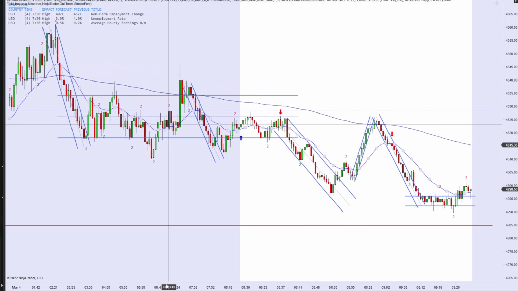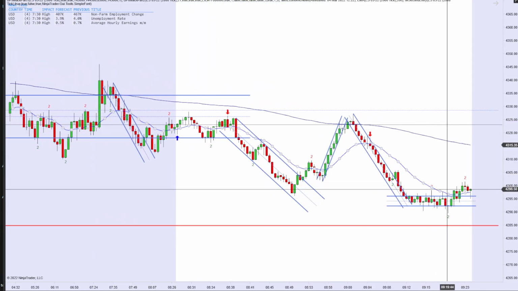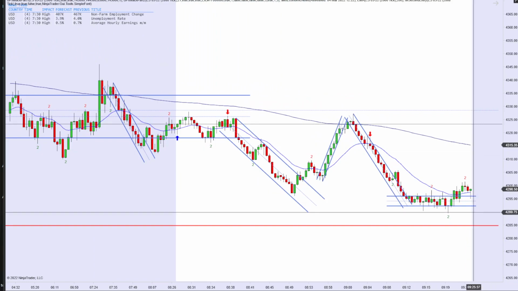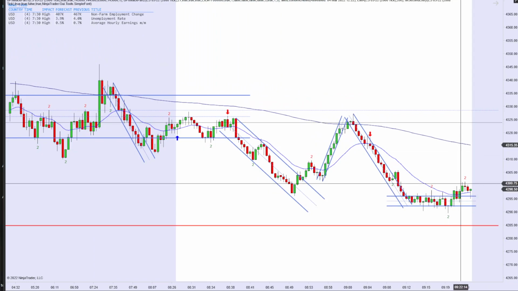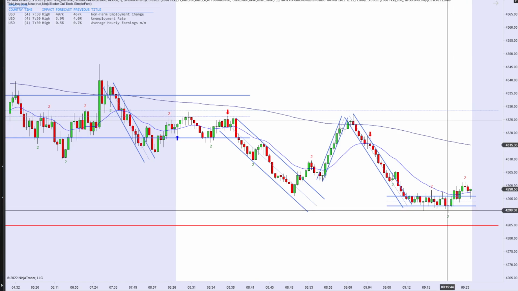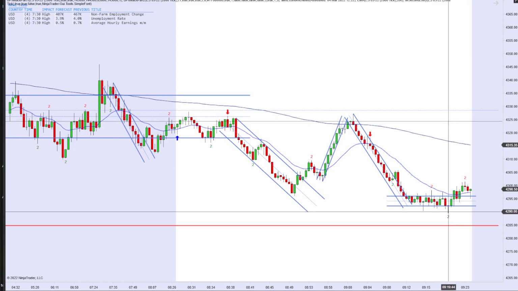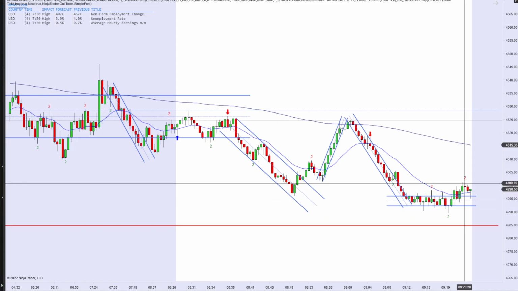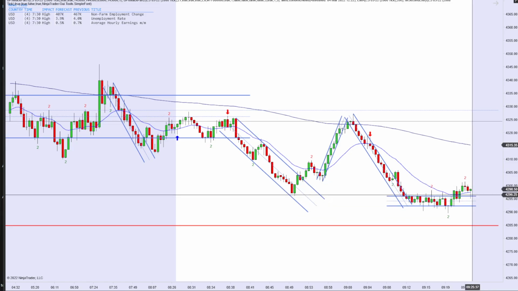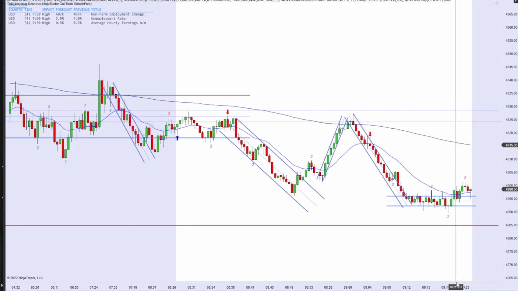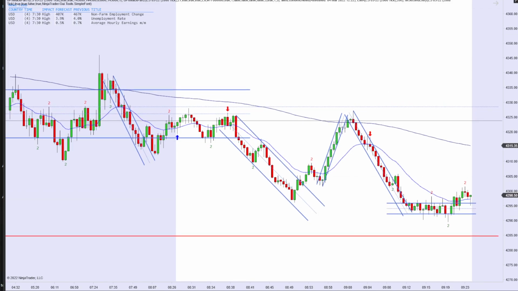So in my mind, I'm thinking, okay, well, we're going to start moving back up to the EMA. So what am I looking for? I'm not looking to go short again. I'm actually looking to go long. Failed second entry short is what I'm looking for. First entry short, second entry short, and it fails. Prices hold above EMA. I went long here.